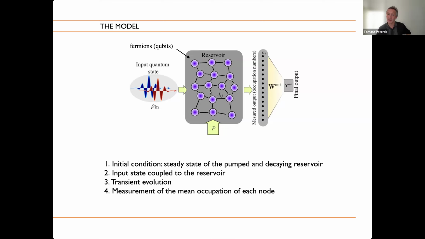They can be either in state 0 or in state 1 or some superposition, and the excitations can hop between these different qubits, and we pump it initially with some laser just to get some steady state of this system. And the question is: is this input state entangled or not?